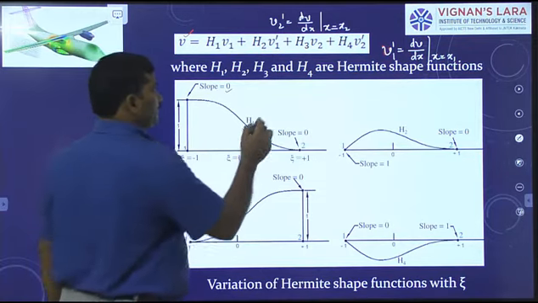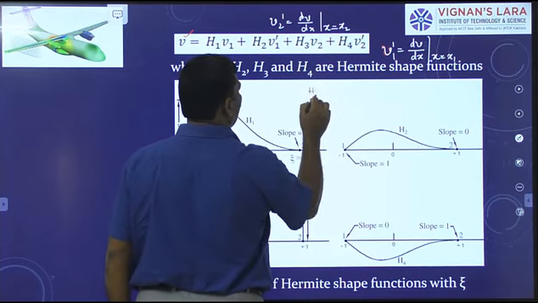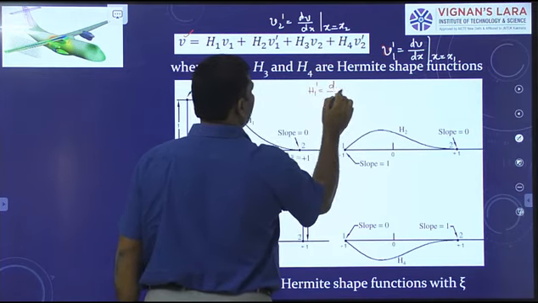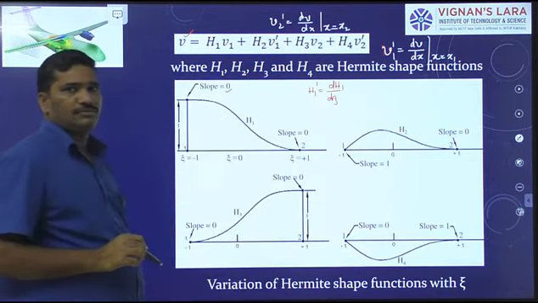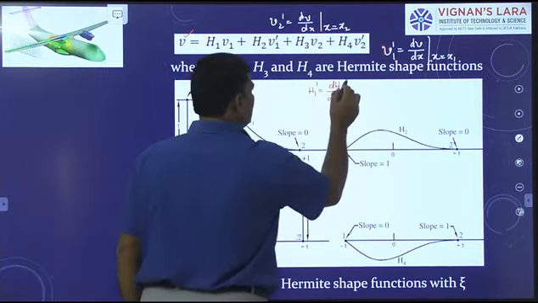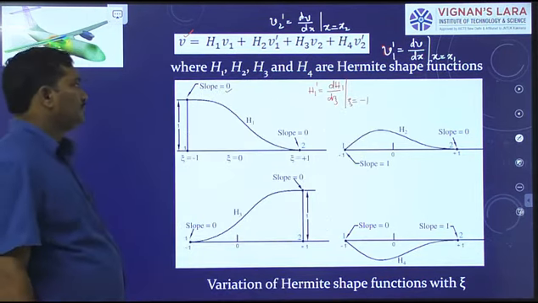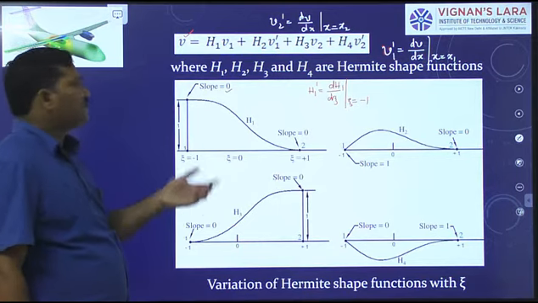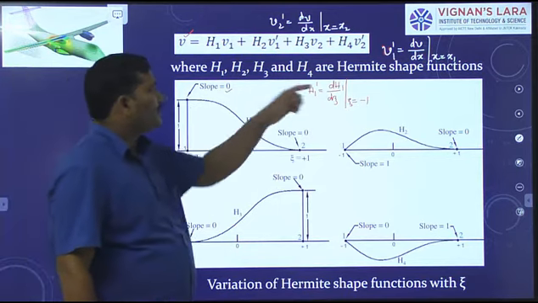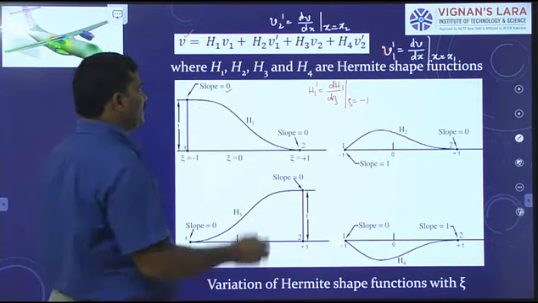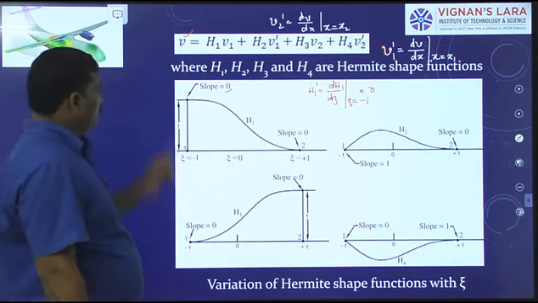H1 you have, right? Differentiate H1 with respect to j. Then you get H1 dash. H1 dash equals d by dj of H1. Then put j equal to minus 1. Then you get H1 dash, how much? 0. D by dj of H1 at j equal to minus 1 is H1 dash, that you get 0. Slope is 0. Okay?